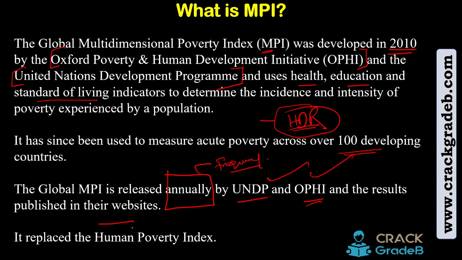It replaced the Human Poverty Index. Before the Multidimensional Poverty Index there was the Human Poverty Index, and this one replaced the erstwhile index. I hope the basics are cleared in this one slide.